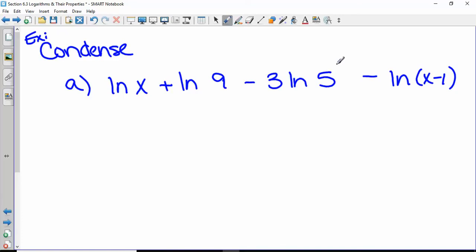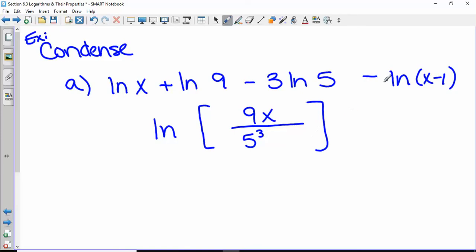So what will that turn into? That's going to go into the exponent. You're only writing the log once. So we have things added, we have things subtracted, so we're going to get a fraction. Basically, anything that's a positive coefficient is on top, anything negative coefficient is on the bottom. So the x will be on top. The 9 will be on top, so you can write it as x times 9, I'm going to put 9x. Minus, so this one goes on the bottom, and it would be a 5 to the 3rd. Minus, so this is on the bottom, x minus 1.